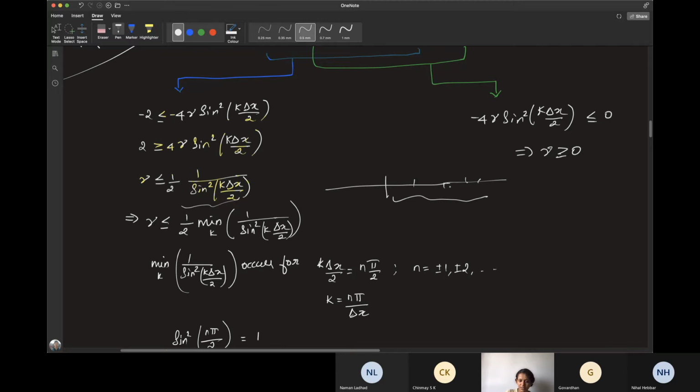It can lie anywhere to the right of this one line. So for your nu to be less than or equal to all of these, we want our nu to be less than or equal to this term, right? So 1 over 2 of course is there, 1 over 2 of this term.